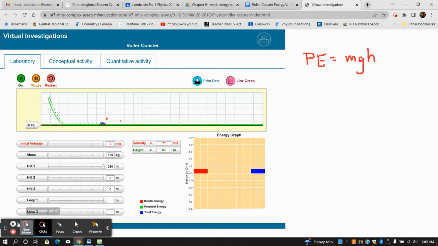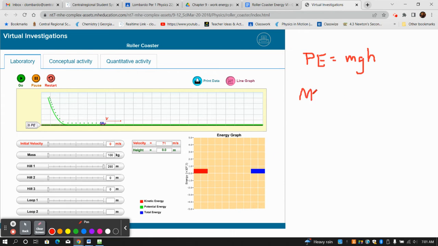So the total energy, or what we would call mechanical energy, how do I get to the, there we go. Sorry about that.